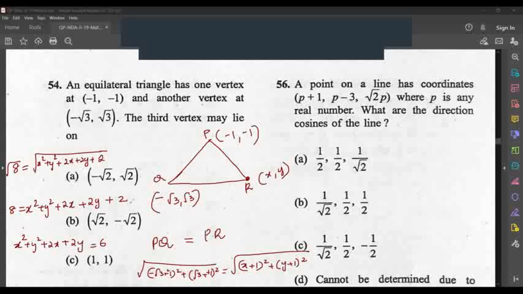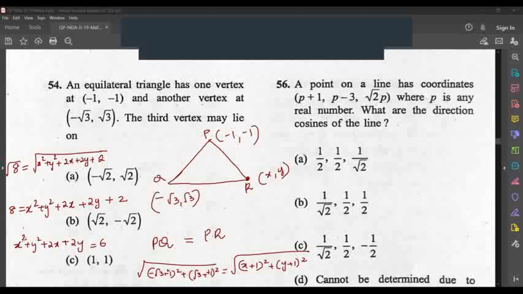Now, if I get this equation, you have to put which of the following options satisfy this condition. You have to put x and y. So here, first option is minus root 2 and root 2. So just try putting that. Before that, we have a simpler option 1, 1. First of all, try for that.